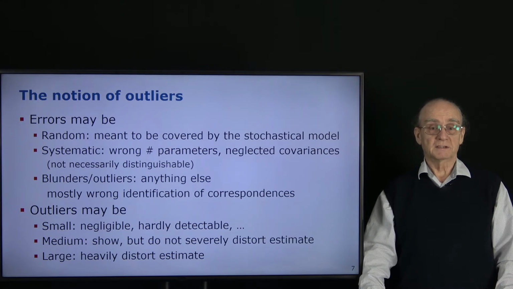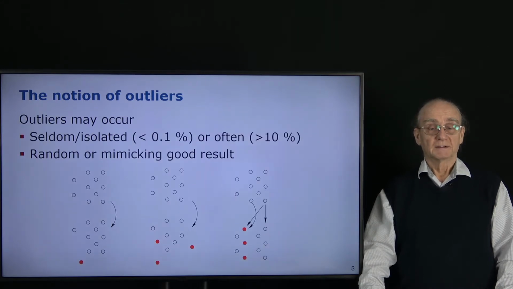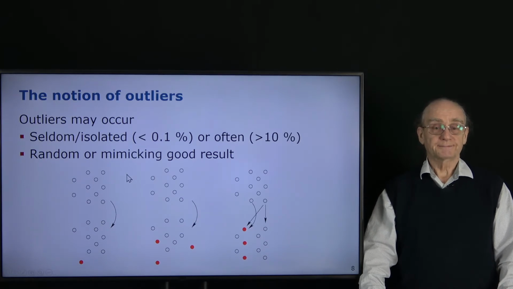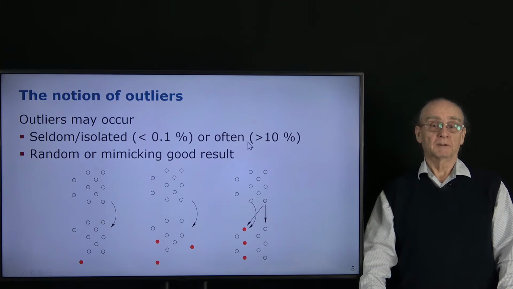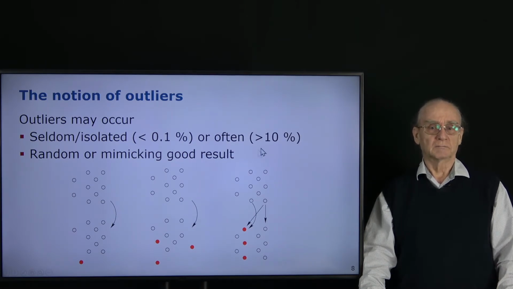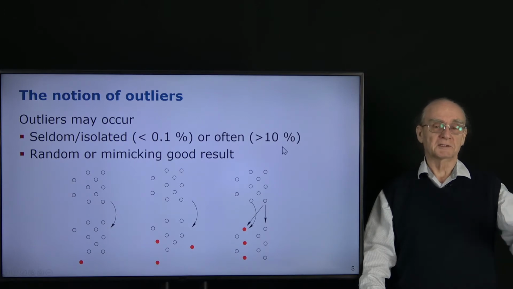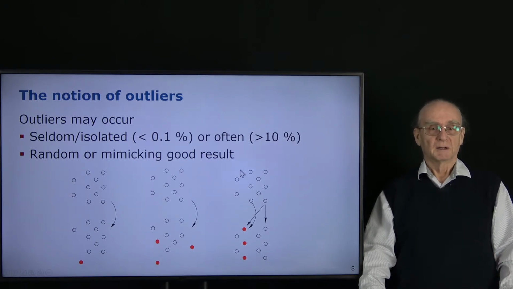So this is a classification, and the bad thing is that outliers are like bad people. There may be a few ones, but there may be several ones, many ones. So seldom, that means let's say we have less than 1 per mil, or we have them often, let's say more than 10%, more than 50%, 90%. And the bad thing is, if they are isolated, you have this situation.